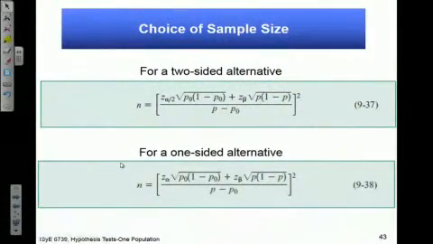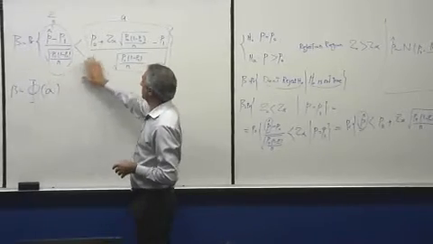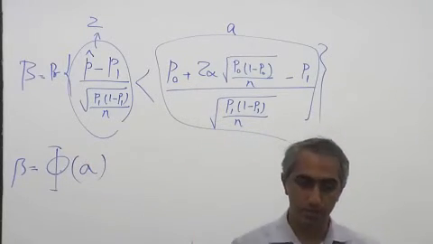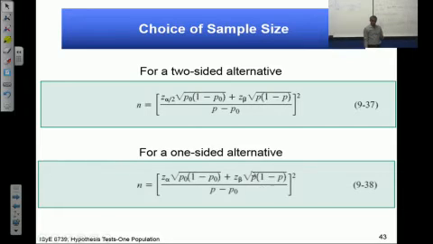Nope. How about n? These are the equations for n. I don't derive it because I know that you know how to derive it. You can just use this equation, solve it for n, and you get exactly what you have over there. Okay? So P, again, is P1, and P1 and P0 are given. Alpha and beta are given.